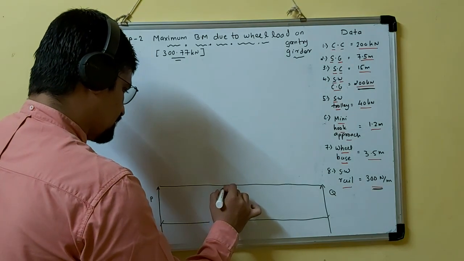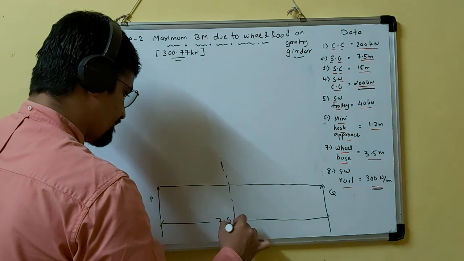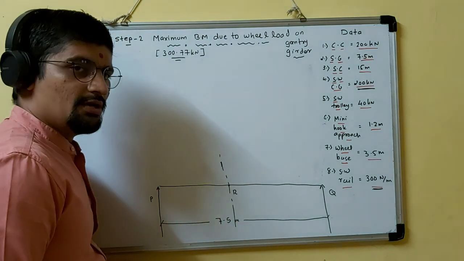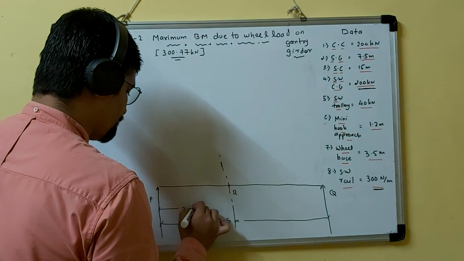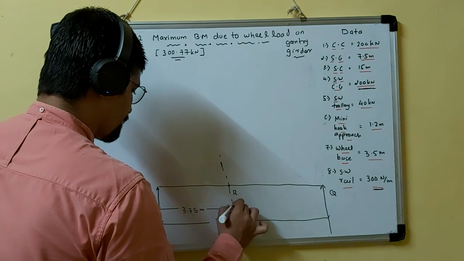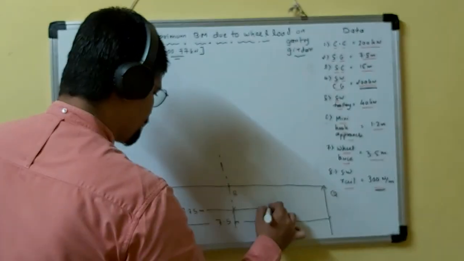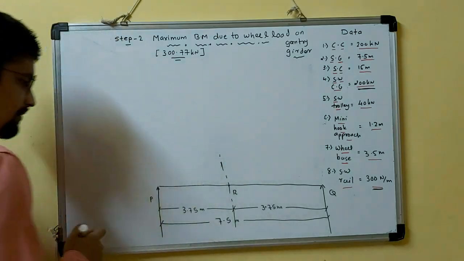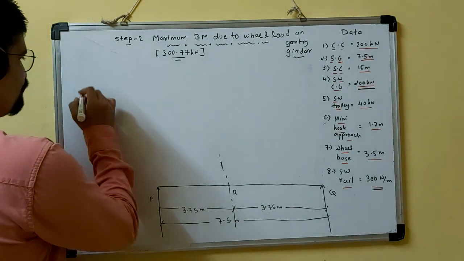So the center of the gantry girder will be here, I assume. This point I name R. So the distance will be 3.75 and 3.75. Now I am showing you one figure of our wheel. This is our wheel.